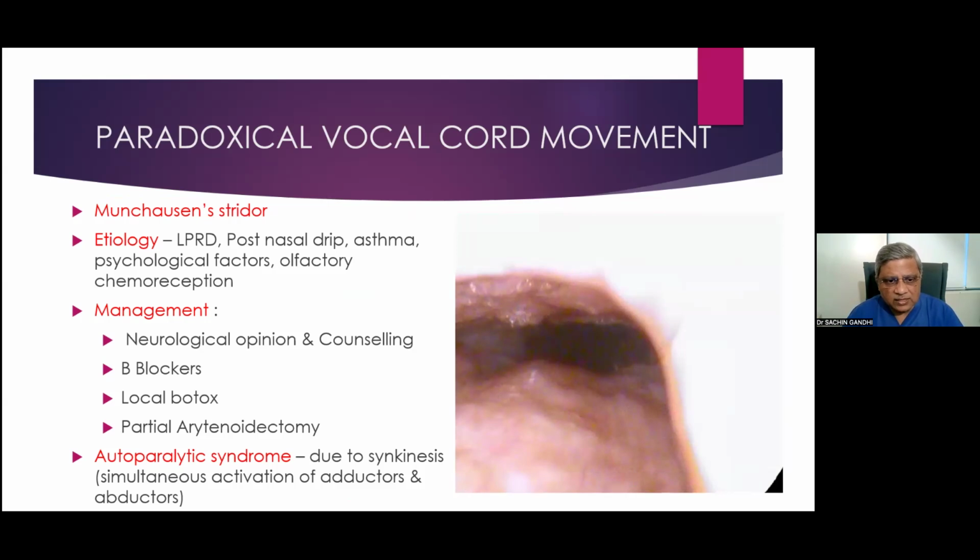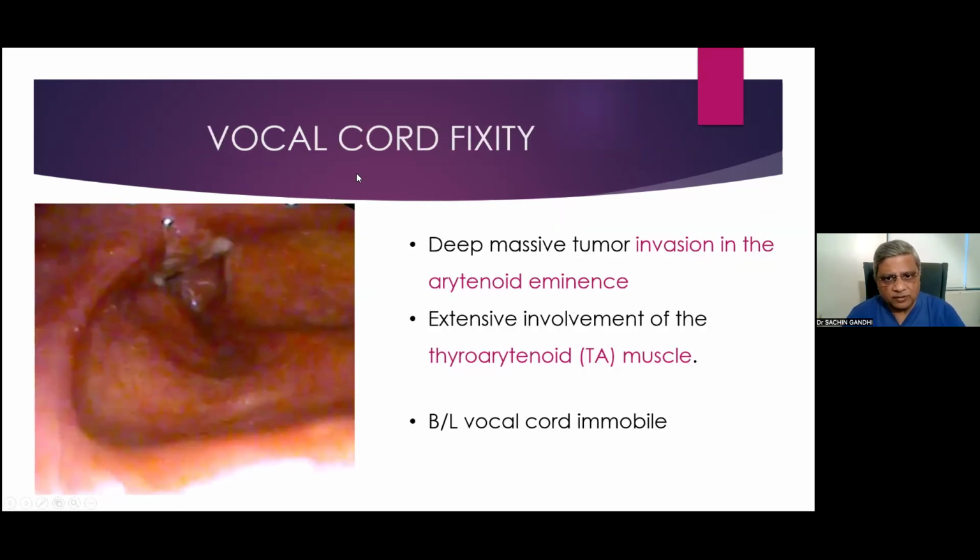So basically, these have to be managed with the psychologist, voice counseling, therapy, beta blocker to reduce the stress, maybe local Botox, and in few of the cases, you can go in for arytenoidectomy as well. But most of these patients would need psychological support, beta blockers, and local Botox would be sufficient.